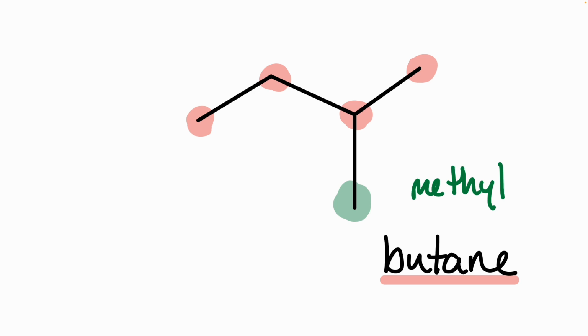I'm going to go one way in blue, 1, 2, 3, 4. I'm going to go the other way in orange, 1, 2, 3, 4. And we got to decide which one of these numbering schemes is the correct number. Okay? And the important thing is when I get done with my name, I want the lowest possible number in there.